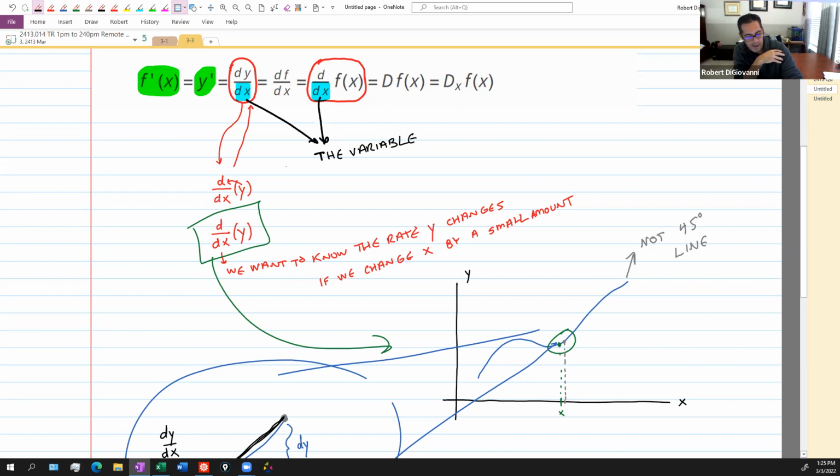Let me put it this way, x is the variable we are differentiating with respect to. That's kind of a new terminology for us.